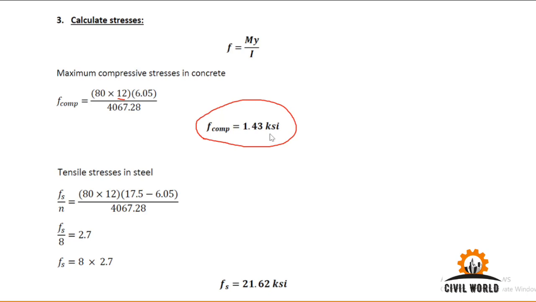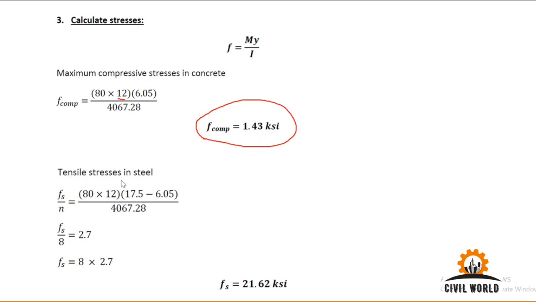We discussed in previous lectures that up to 40 to 50% of f c, concrete stays in the linear elastic limit. So our assumption, which we made in the beginning of this example, that we are in the linear elastic limit is true. We are just below the linear elastic limit.